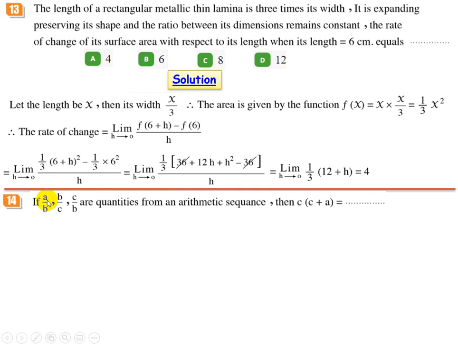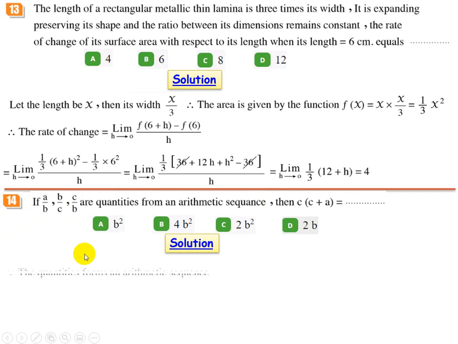Number 14. If a over b, b over c, c over d are quantities from an arithmetic sequence, then find c times c plus a. You know that the common difference is any term minus its preceding term. So b over c minus a over b equals c over b minus b over c.